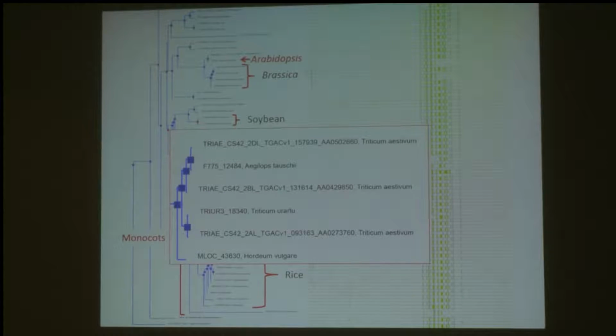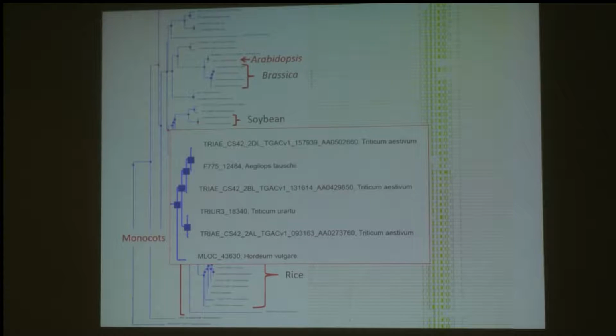Just to say a little bit about the gene nomenclature, in Arabidopsis you have AT1, which is the chromosome, then G, and then a number which is the gene locus. In the TGAC gene models, these numbers are a bit more lengthy, but in essence it's a similar idea. You have tri-AE, which is Triticum aestivum. CS42 means Chinese Spring Assembly 42.